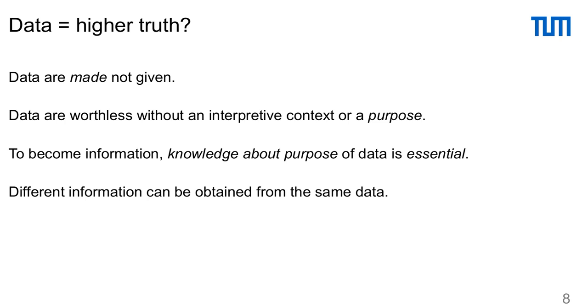Somebody has to select what characteristic is preserved or what characteristic is represented and how it is represented. So this means data are made. They are not given. They don't come out of the blue. Data are made. And this is really, really crucial to understand. Data come out of a process that involves human decision.